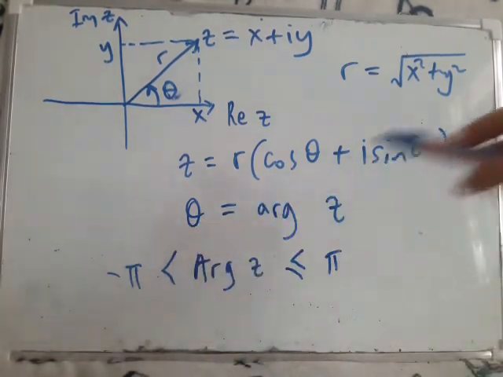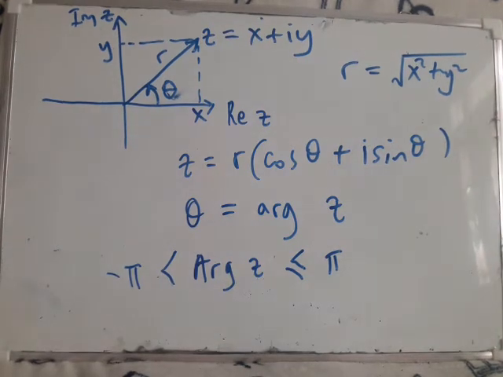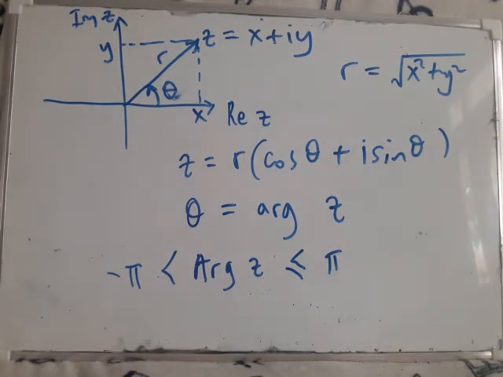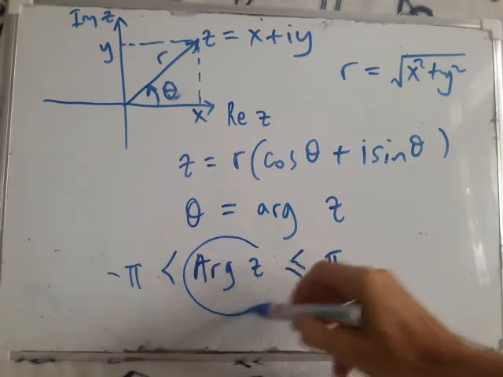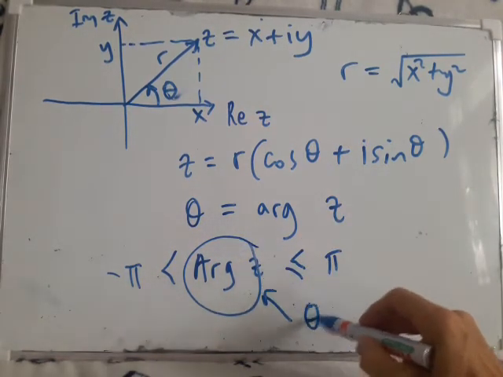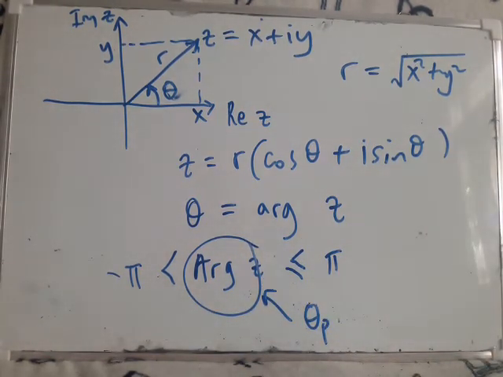So if we definitely want an angle between minus pi and pi, including pi, not including minus pi, since they're the same, then we call that the principal argument and write it with a capital A. This principal argument is sometimes written theta sub p, p for principal.